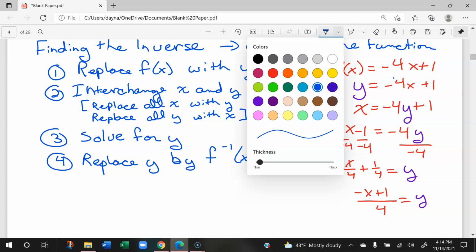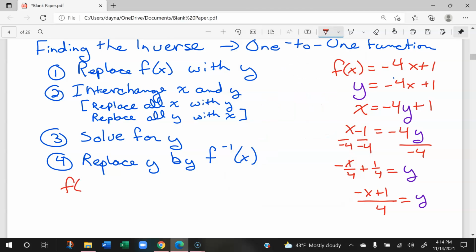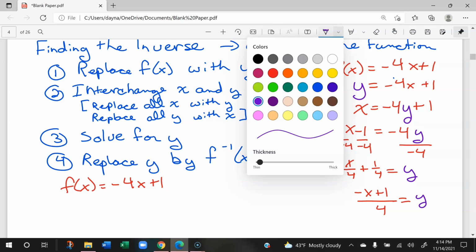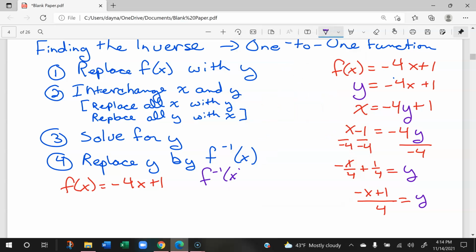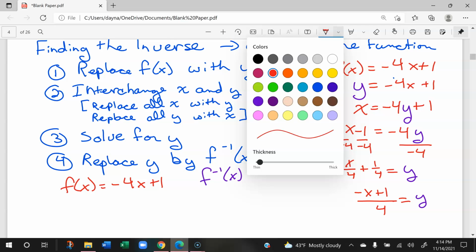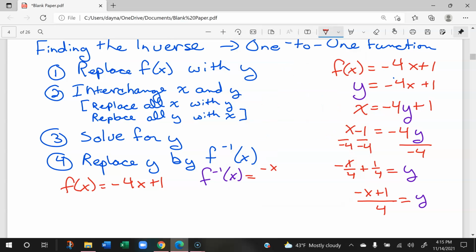So in our case, we started with f of x is equal to negative 4x plus 1. Our inverse now, f inverse of x, is equal to that negative x plus 1 over 4, or that negative x over 4 plus 1/4. Either one of these. So you're showing that these two are inverses of each other. That's what replacing the y by f inverse is representing.